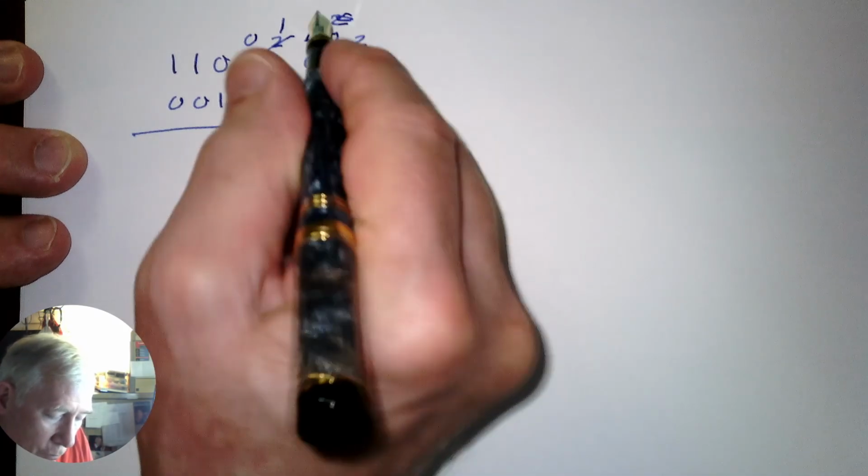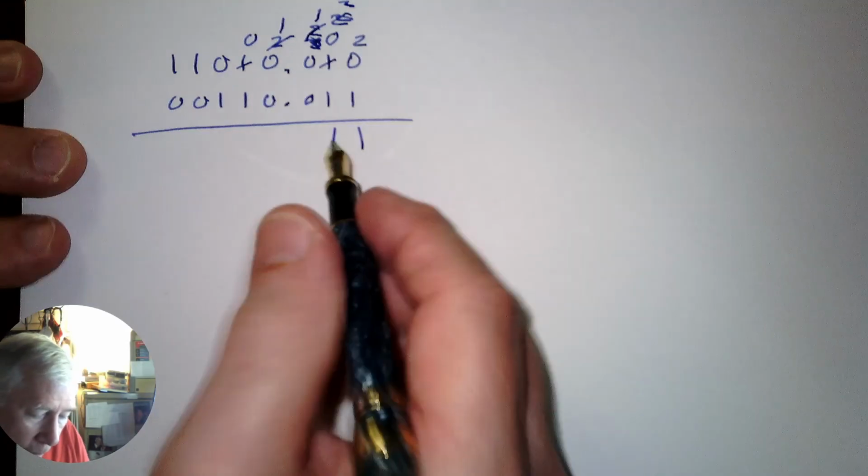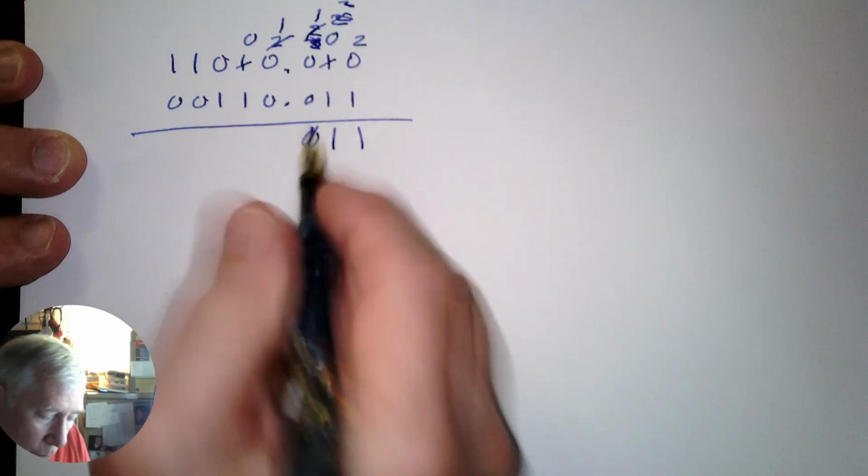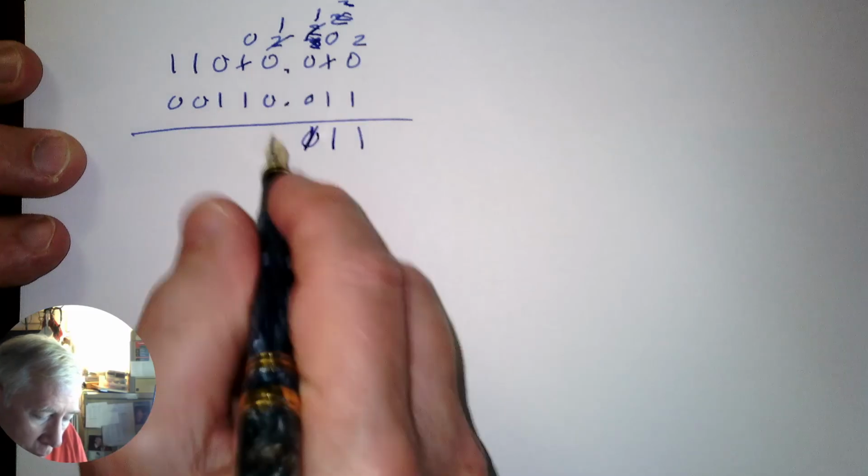And then we take one of those, leave a 1 there, and put a 2 here. So now we take this 1 from that 2, and we get a 1. We take a 0 from that 1, and we get a 1. We take a 0 from this 1, and we get a 1.